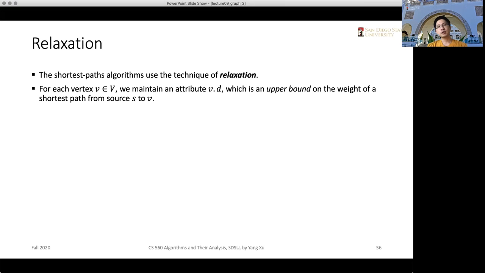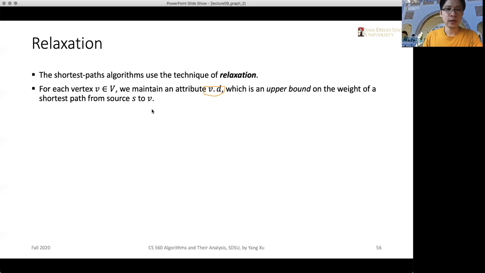So this attribute called d is some real number, and it is an upper bound on the weight of the shortest path from s to v. Okay, so it's not necessarily the shortest path after we initialize it, right? It can be initialized to infinity, for example a very big number, so that it's always an upper bound for the shortest path from s to v.